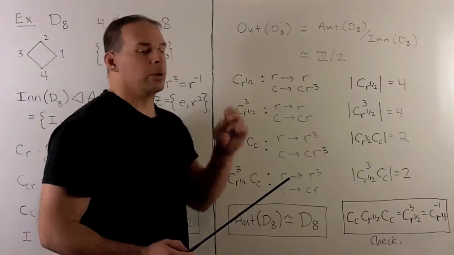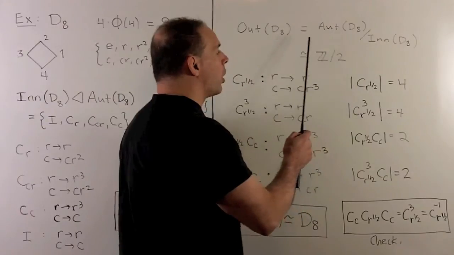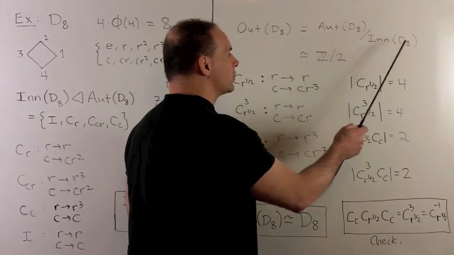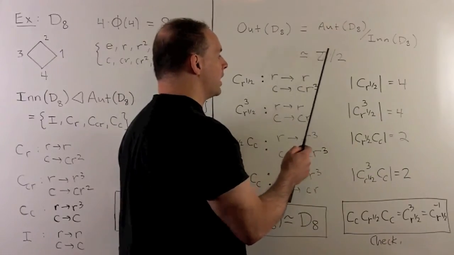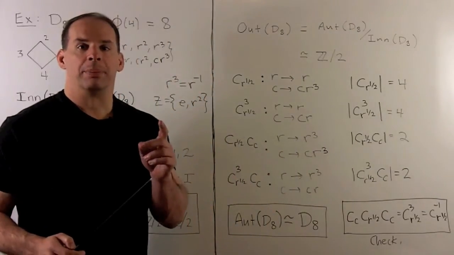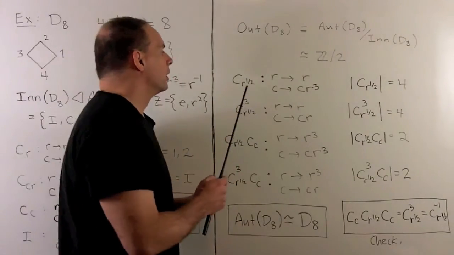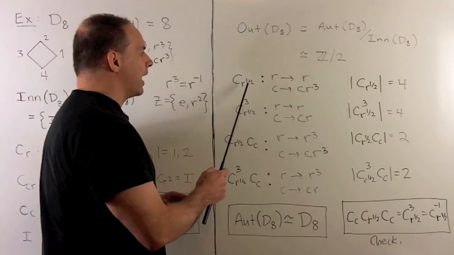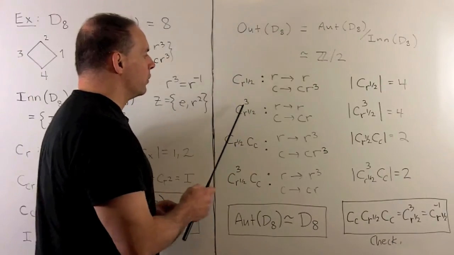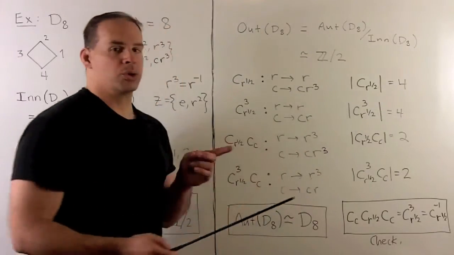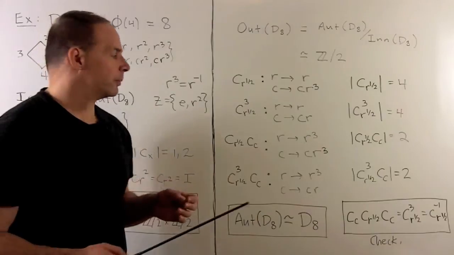Now, for Out of D8, that's given by this quotient group. Aut D8 has 8 elements, Inn D8 has 4 elements, so this has 2 elements, so it's isomorphic to Z mod 2. Now, if we want to list all the other automorphisms, we have C sub R to the 1/2. We have this element's cube. Both of those have order 4. Since those are the only 2 elements of order 4, they're inverse to one another.